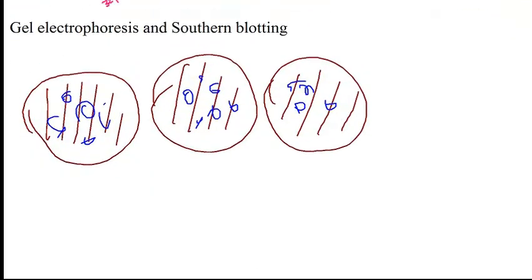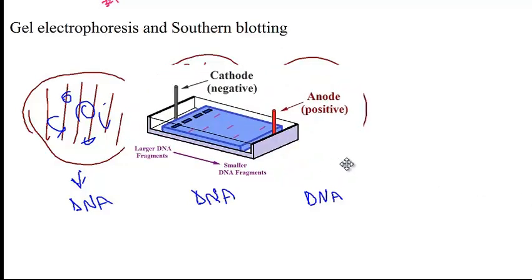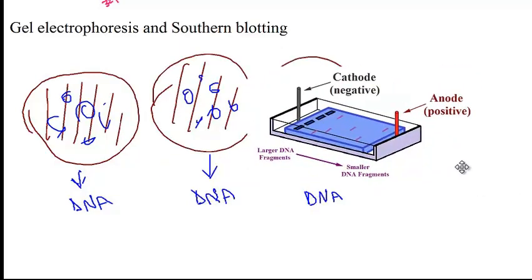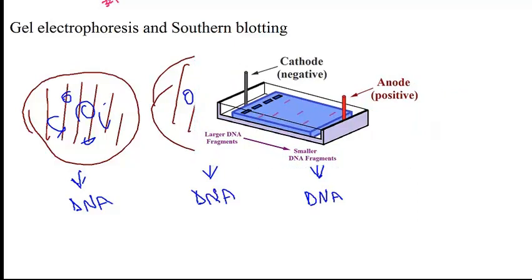Now we can isolate DNA from these bacteriophages. In the next step, we will run them on gel electrophoresis. So here is a gel electrophoresis apparatus where we can load our DNA and let it run. Here we have the negative pole and the positive pole.